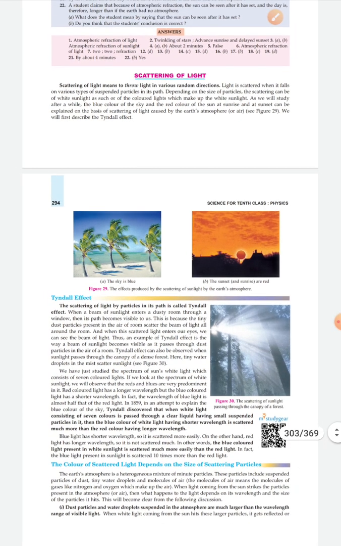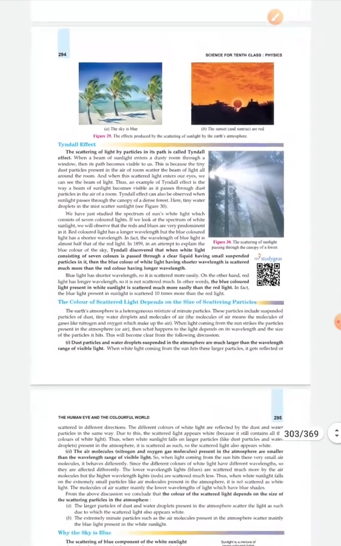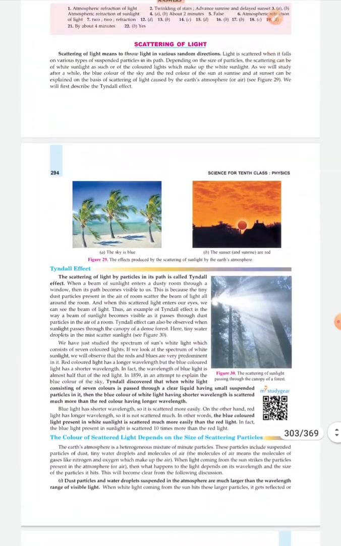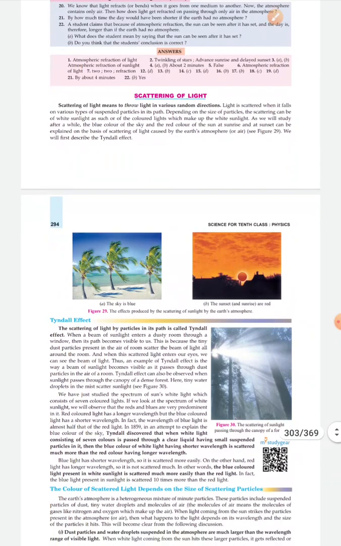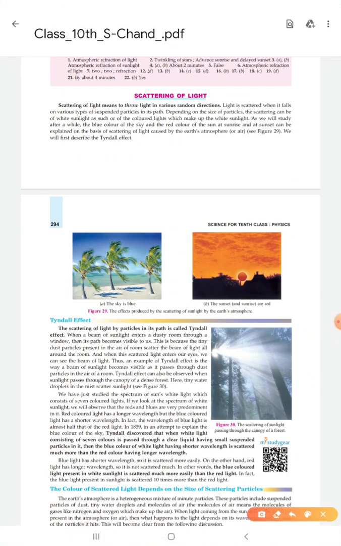Now this is another part, scattering of light. This is another phenomenon of light. This is also a very simple thing, as you know from chemistry also. The Tyndall effect was also discussed there. But at first, let me tell you what scattering of light is.